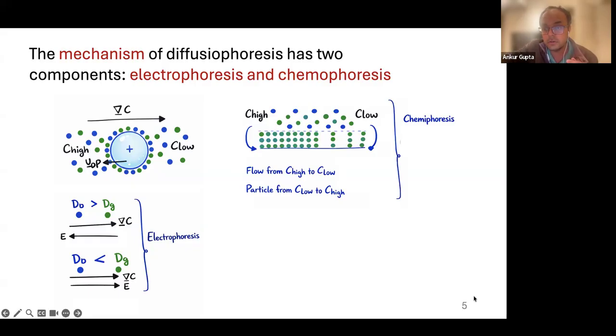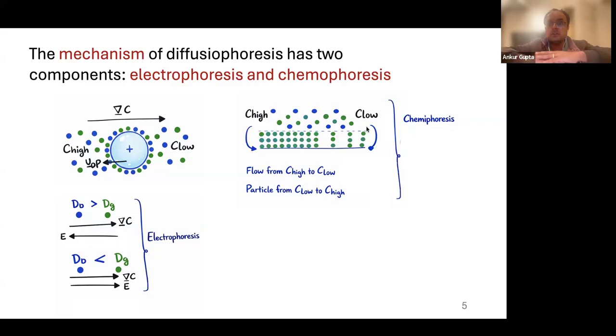And so essentially what you see here is that we have a high concentration of green ions near the surface, and a higher concentration to the left than the right. So naturally you will have higher pressure because of osmotic pressure. You have higher pressure on the left than the right.